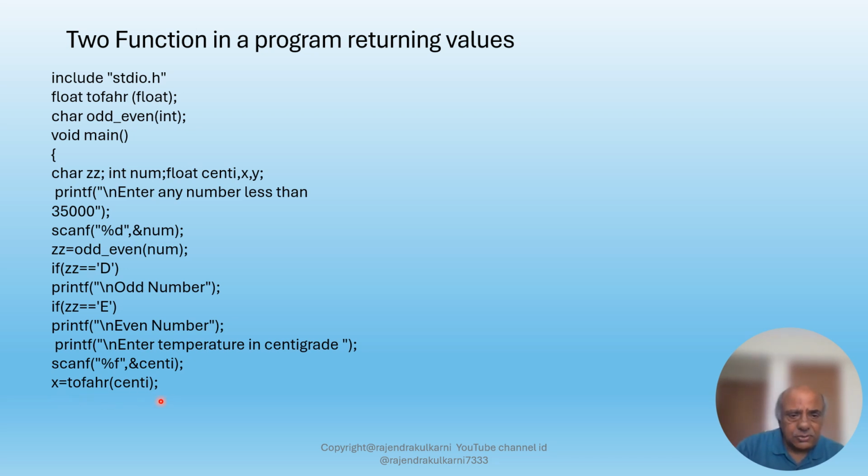This is the function call. So whatever value is returned by this function 2var will be assigned to this x, and we are taking out this x value by printf statement. So it will be available to us on the monitor screen.